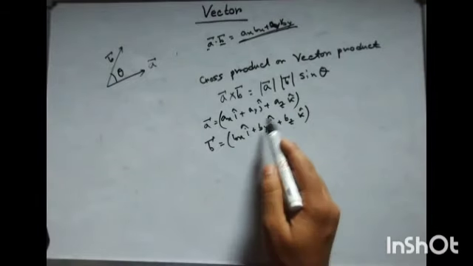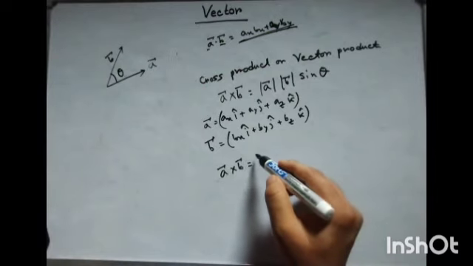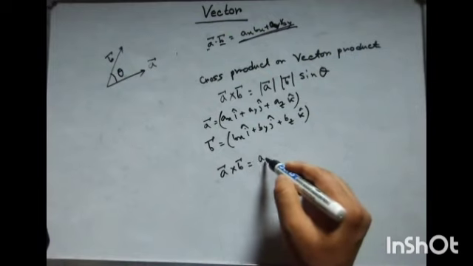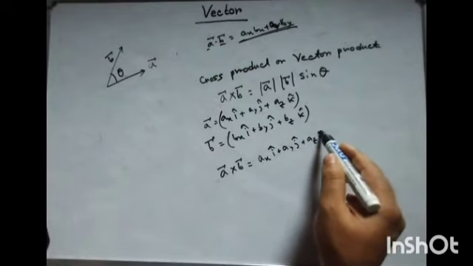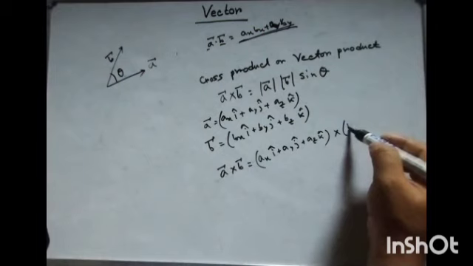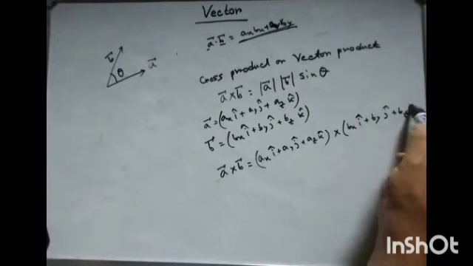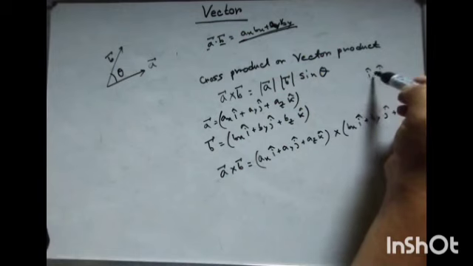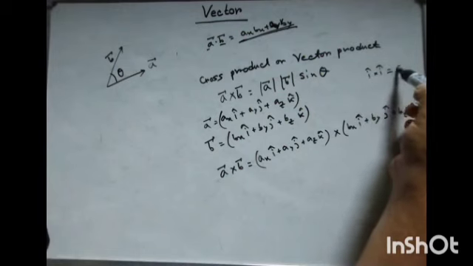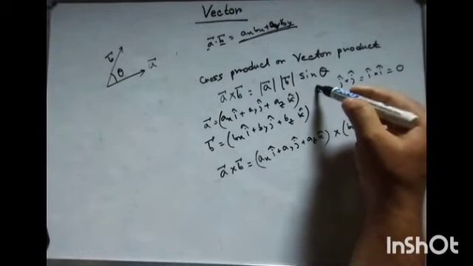Now the cross product will be... Now we know that i cap cross i cap, cross of two similar unit vectors, is 0, or j cap cross j cap is also 0, k cap cross k cap is also 0.